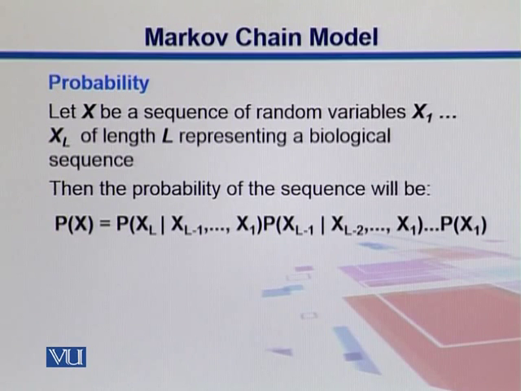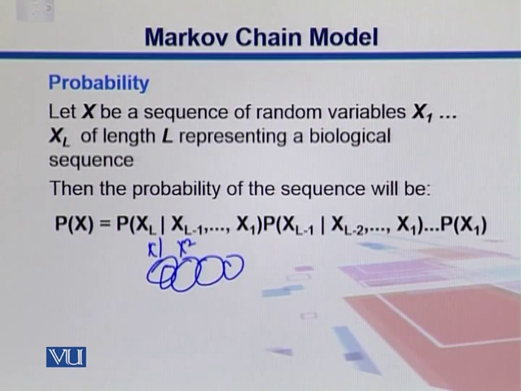So here is how we put that in a formal shape, in this equation. We know the sequence is of length x1 to xL, and let's put, for instance, these 5 circles over here: this is x1, this is x2, x3 and x4.